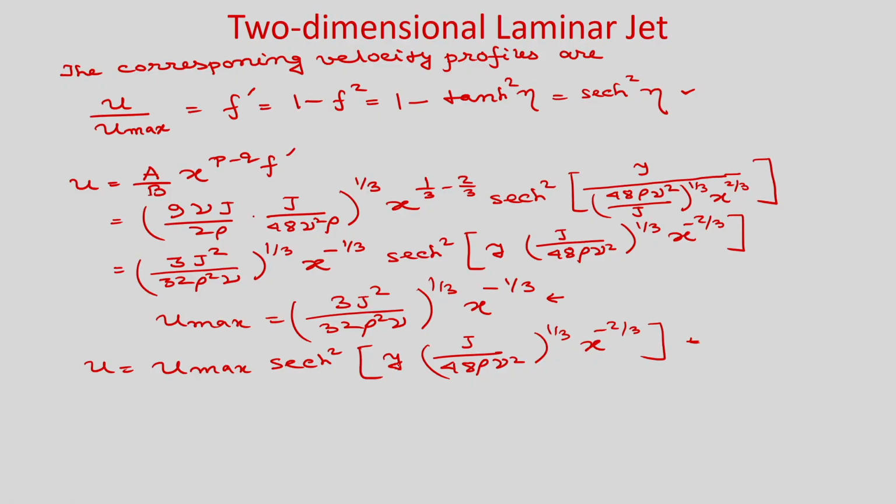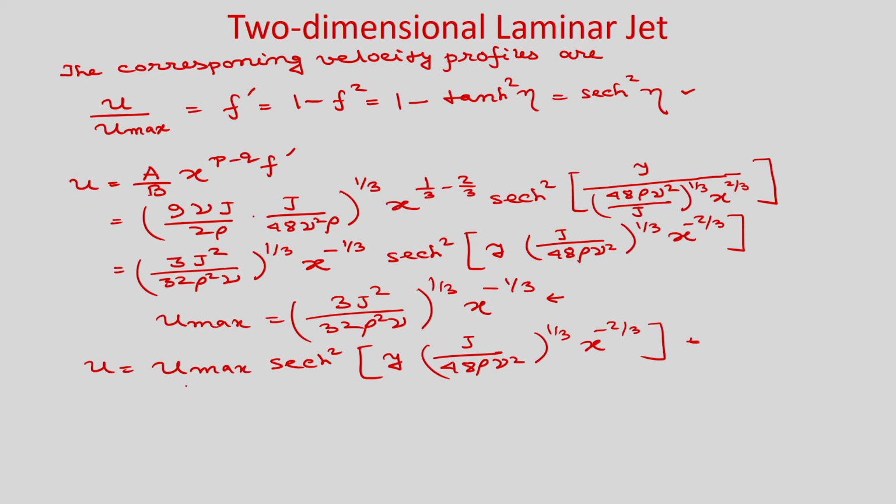We will define the thickness of the jet as the location where the velocity near the jet boundary becomes 1% of the center line velocity u max. You can see u max will decay with x to the power minus 1 by 3. So the maximum velocity decays like x to the power minus 1 by 3.